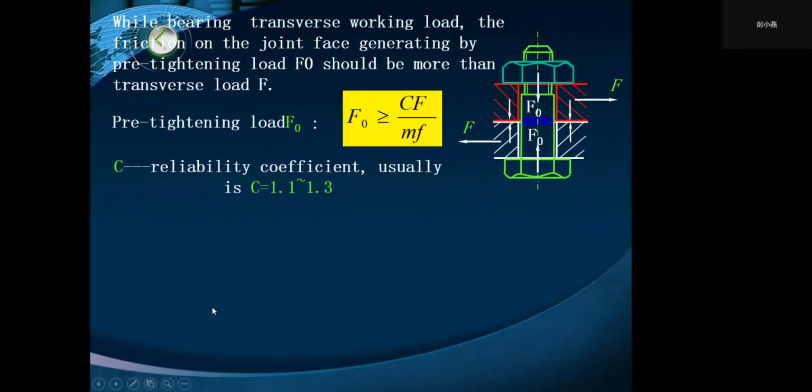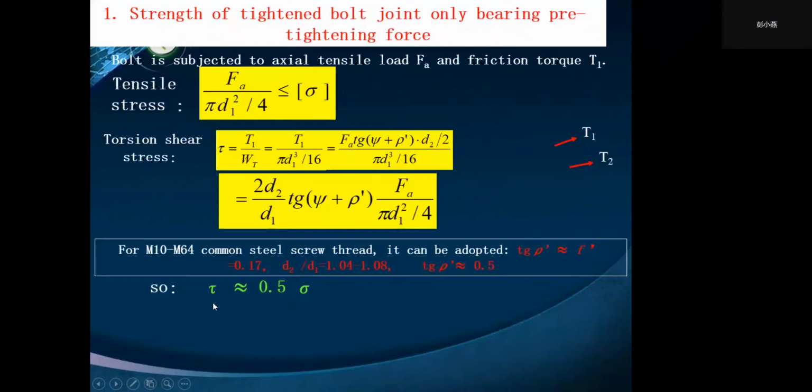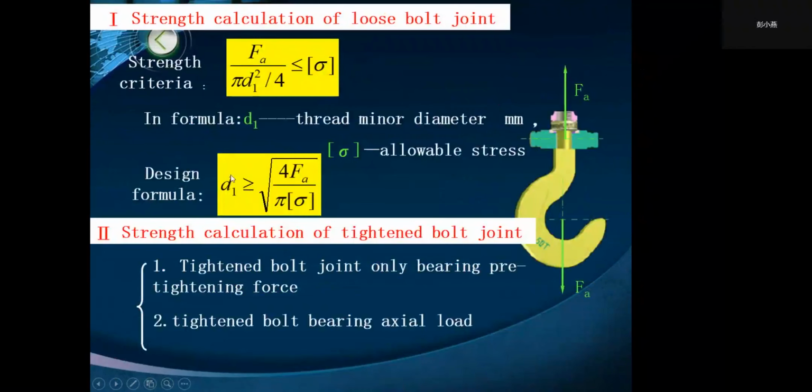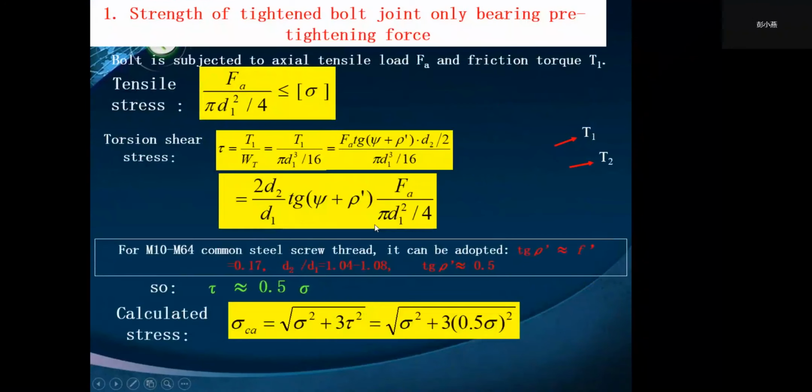When we design the bolt, we have D1, the minor diameter, which should be larger than the square root of 4 times FA, where FA is the preload. If the preload is very high, the minor diameter should be increased, so the dimension of the bolt is very large.